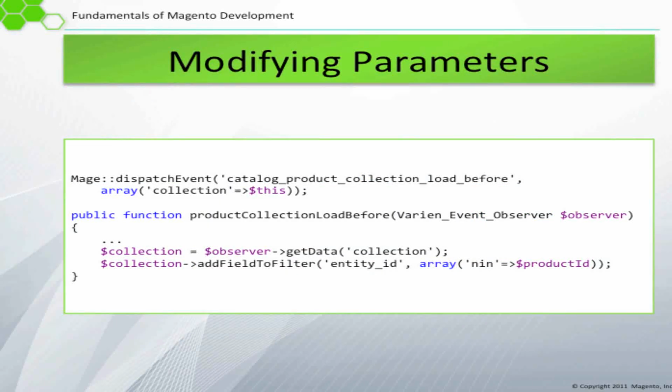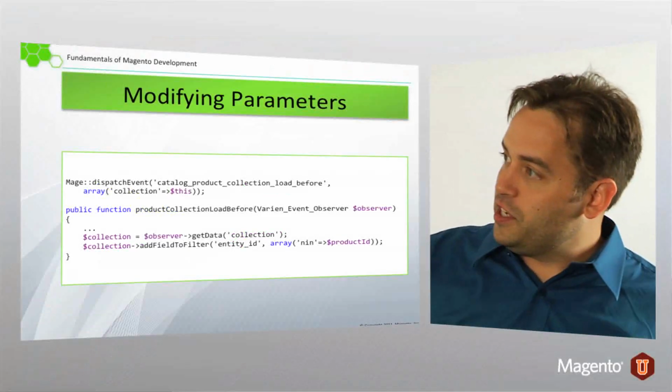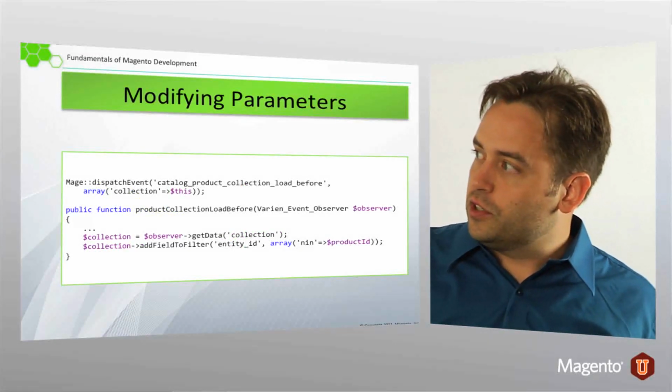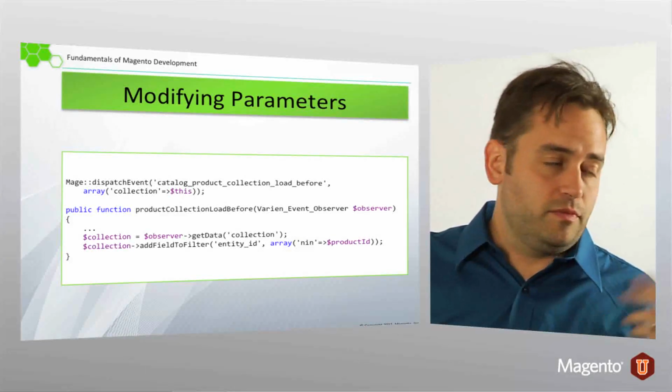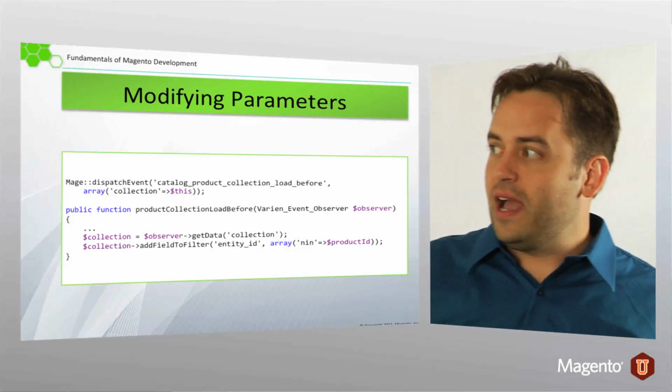All right, so what do we do inside an observer? Well, modifying parameters. In this case, catalog product collection load before. So this would be before a product collection is loaded. And you see here, this is what the code looks like. This string is just specified, and we're passing it in.